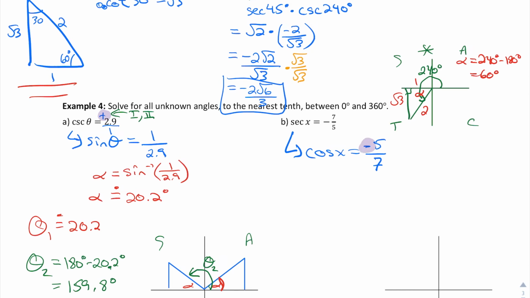So a couple options here. If this is negative and it's cosine, tell me where it's going to be located in the quadrant system. That means it's going to be in quadrant 2 and quadrant 3. So I know I'm going to have something here and something here.